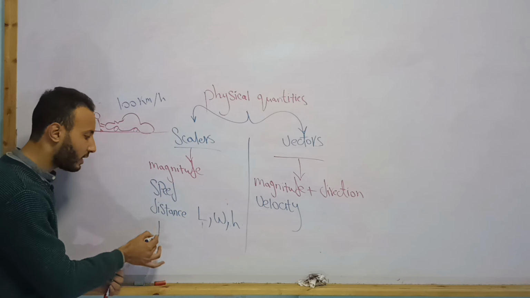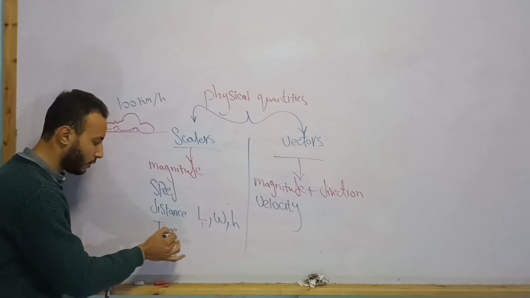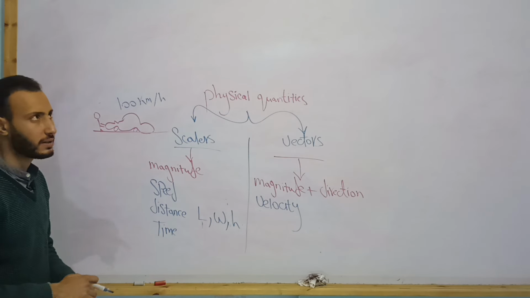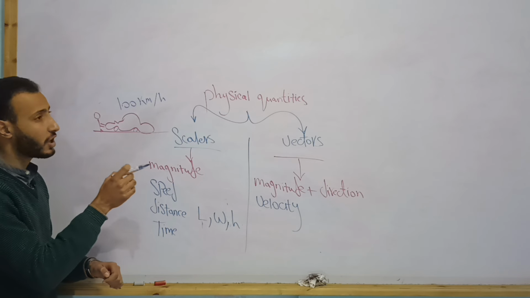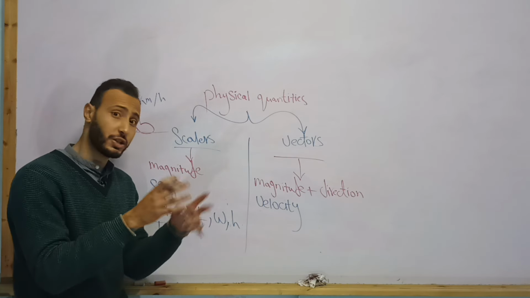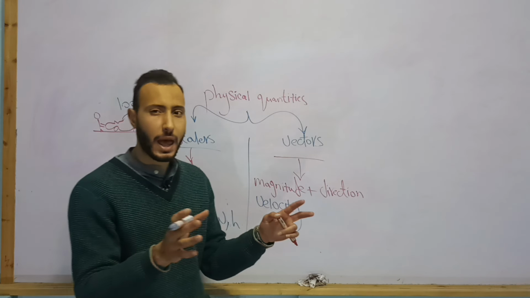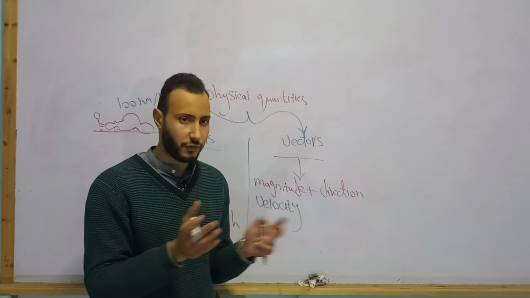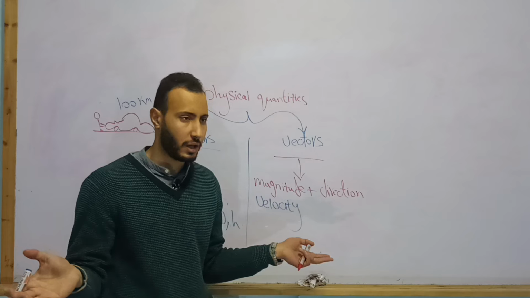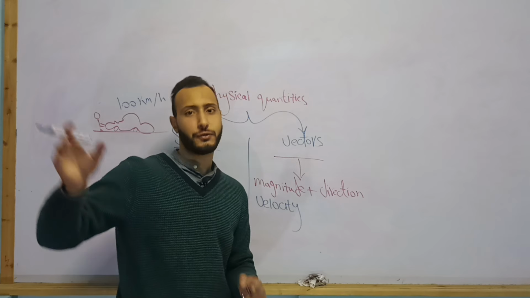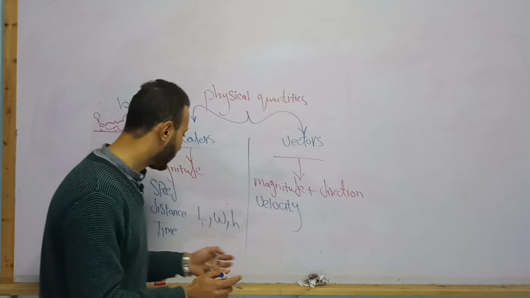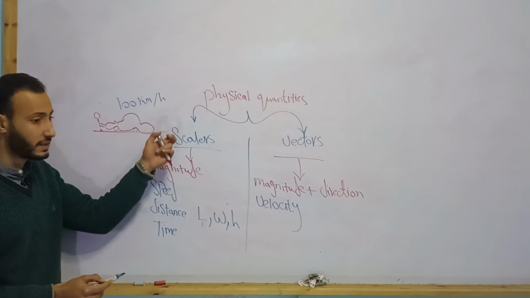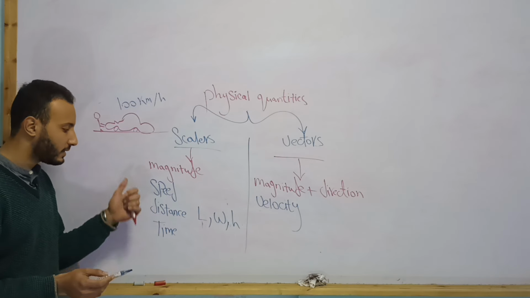Like time: whenever you mention the time, as I say, the duration of this video is about 1 hour and a half. I didn't mention any direction. I didn't say 1 hour and a half to the north or to the south. So because of that, the time is a scalar.